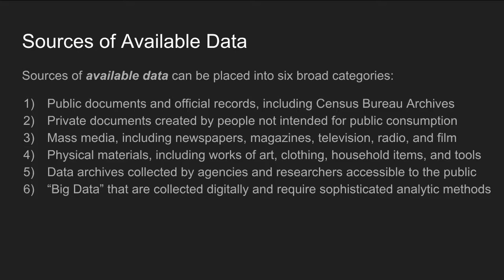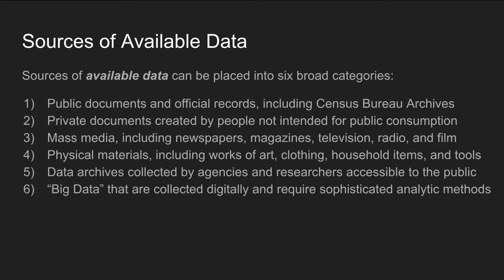All of these are cultural products that can be used to understand more about our social world. Physical materials, including works of art, clothing, household items, and tools, can also be very interesting sources of social science data for understanding culture among people in different societies.